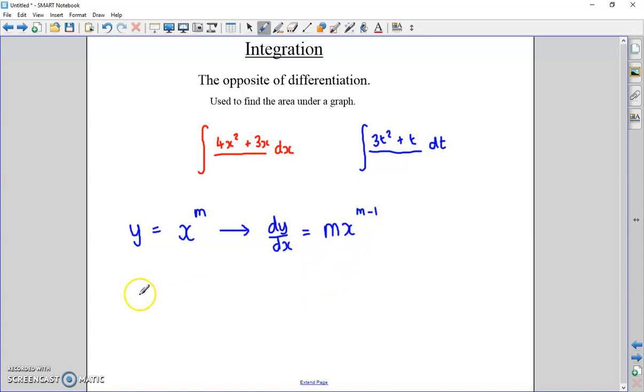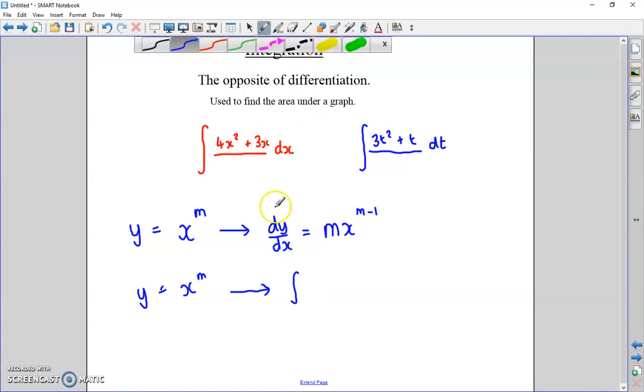So, the opposite of that is to increase, and also let me get rid of that, the integral of x to the power of m, sorry. You would increase the power by 1. It's the complete opposite.